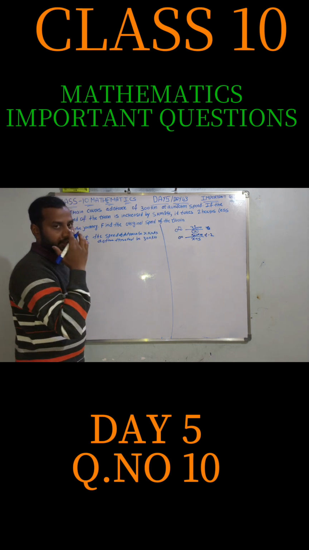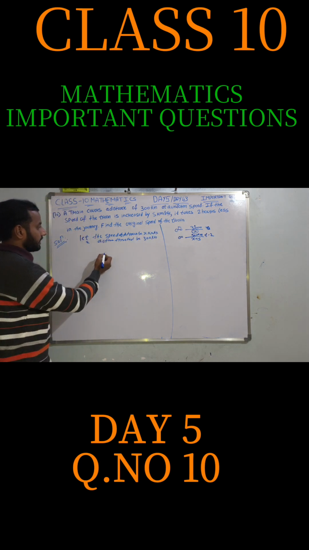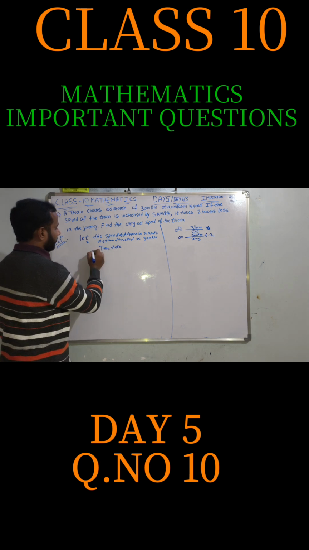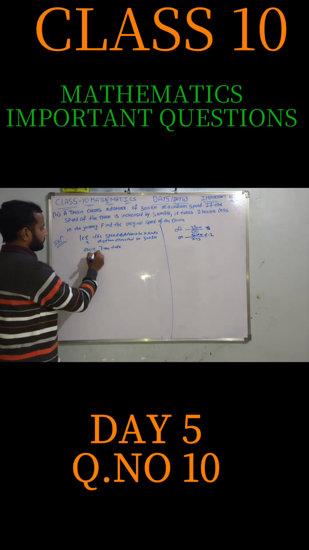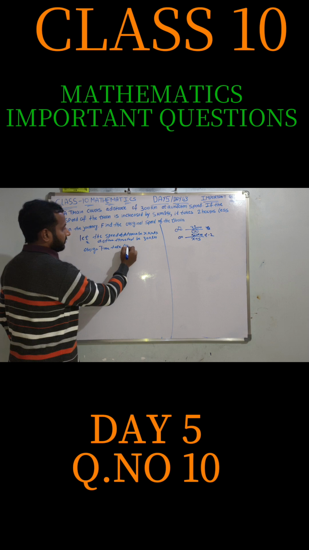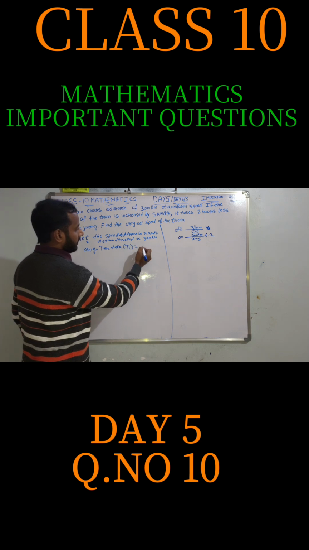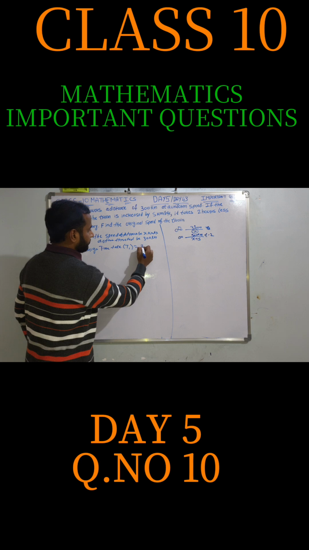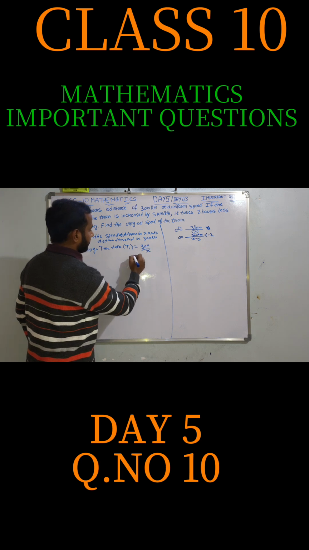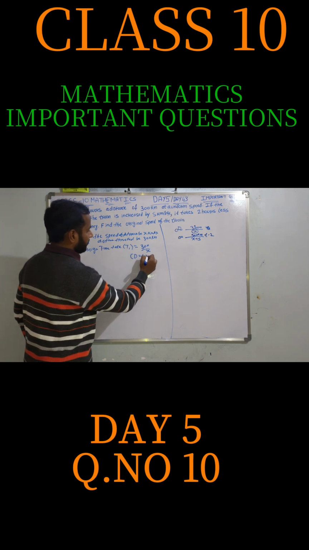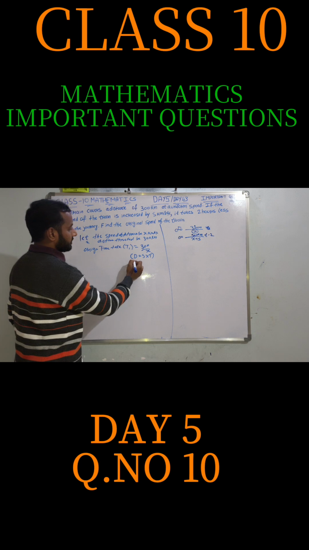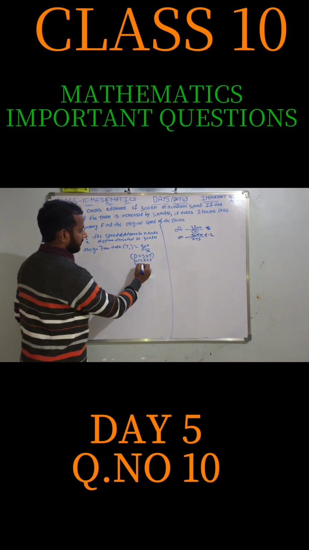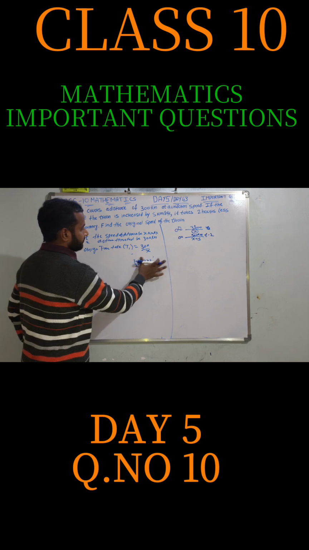Then the original time taken, t1, equals 300 by x. Here we have used distance equal to speed into time. If distance is 300 and speed is x, then time will be 300 by x.